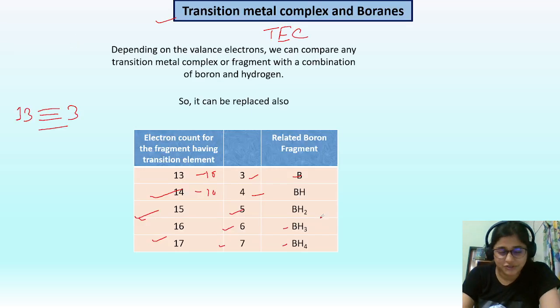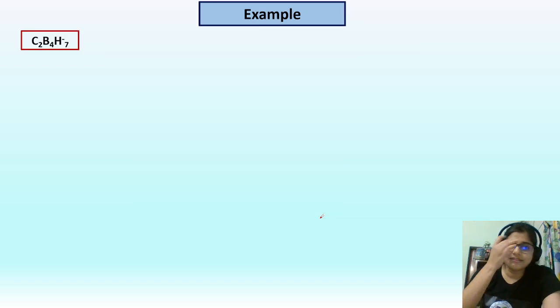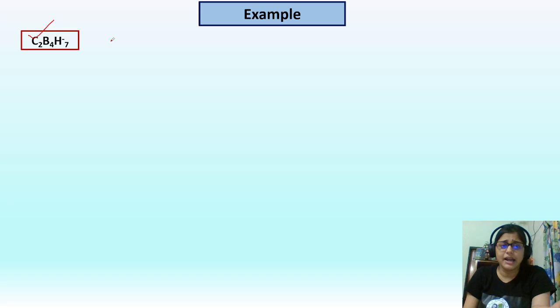And interesting also. So this example I have taken as the carborane. Carbon is present, right? This is called carborane. So here also the same formulas and same things are applied, but before that we have to convert it to a borane cluster. Okay. So carbon, we know, has 4 electrons, so it is a BH unit.